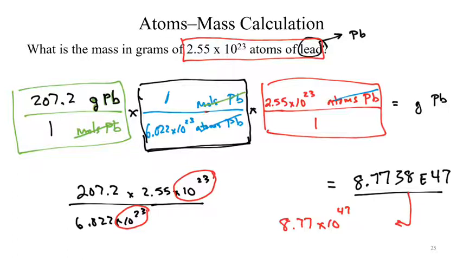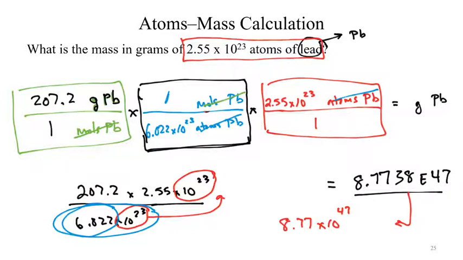This value in the denominator, the only part that when you entered into the calculator actually went into the denominator was the 6.022. The times 10 to the 23rd, you entered inadvertently into the numerator. If this is you, that is okay. Please contact me so that we can make sure you're entering that correctly.